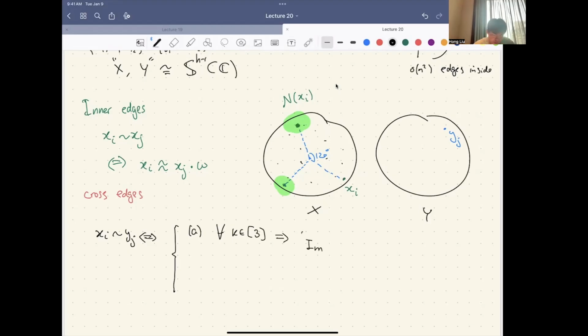The imaginary part, if you rotate by any power of omega, of their inner product xi, yj, I will draw a picture, cannot be too small. It must be at least capital K times mu. Second, their inner product, which is in the unit complex disk, must lie in the first one-third pie chart. There exists alpha.